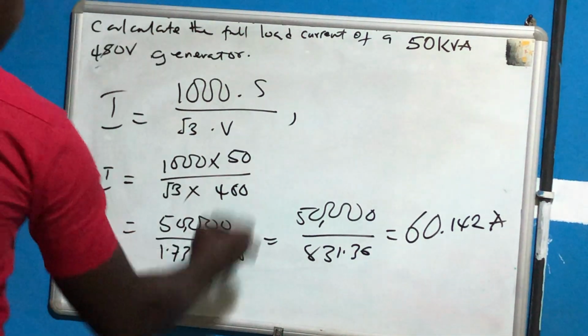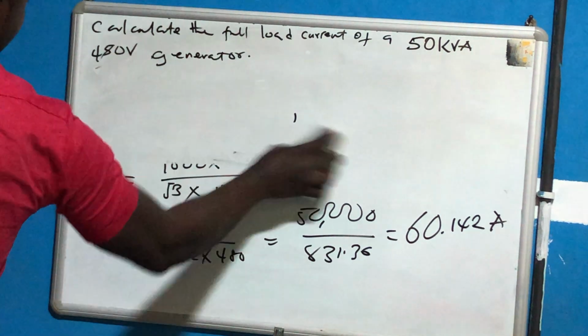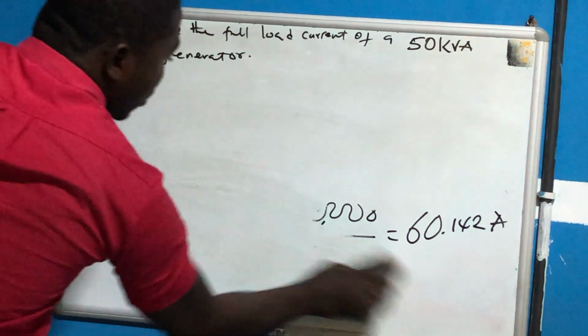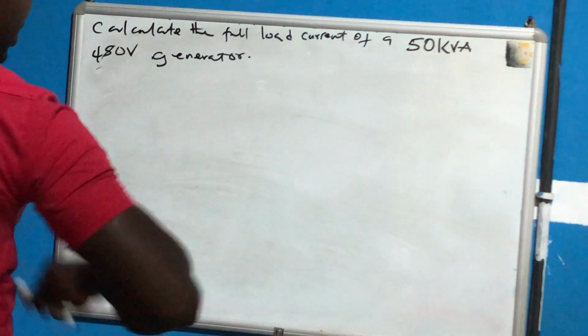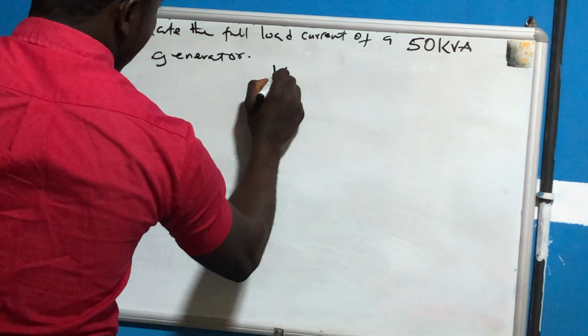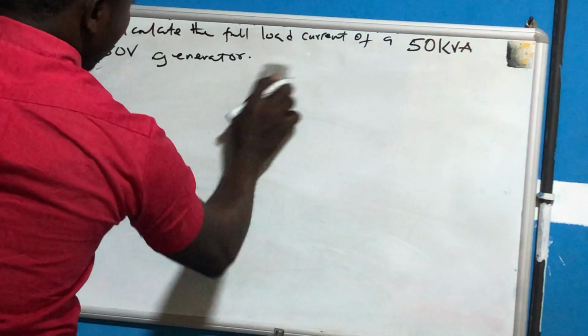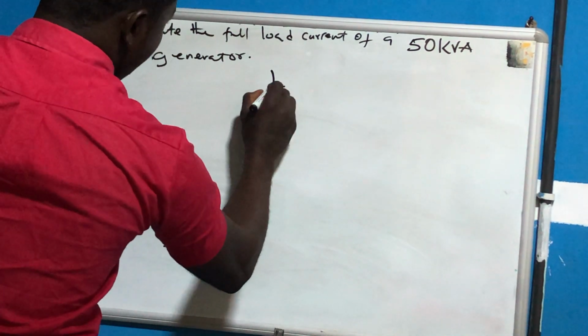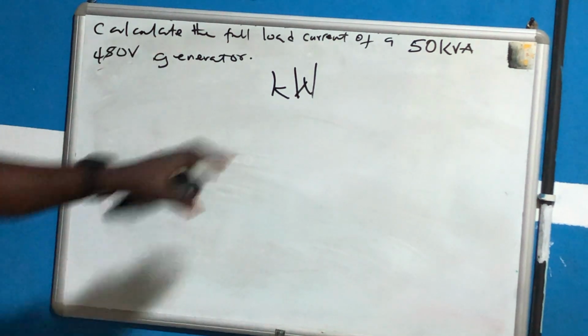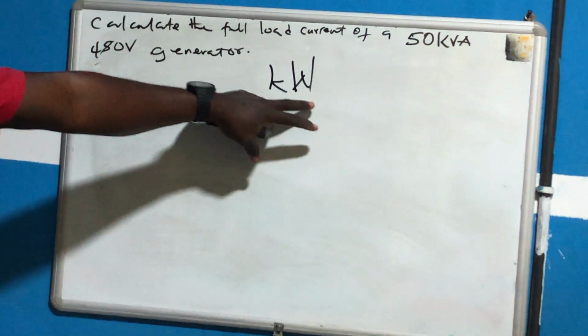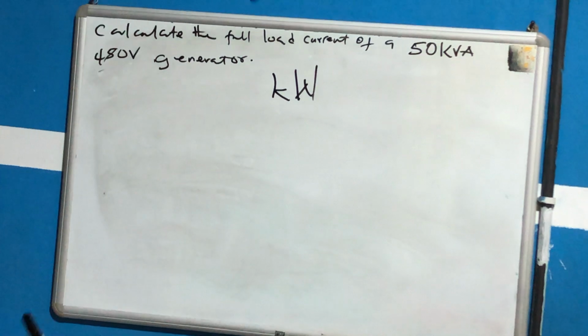Now let's move to the other side. If it happens the generator is rated in kW, small k, capital W. If the generator is rated in kilowatts, also this is the formula.